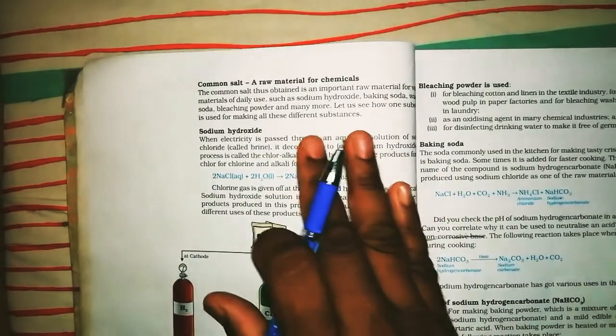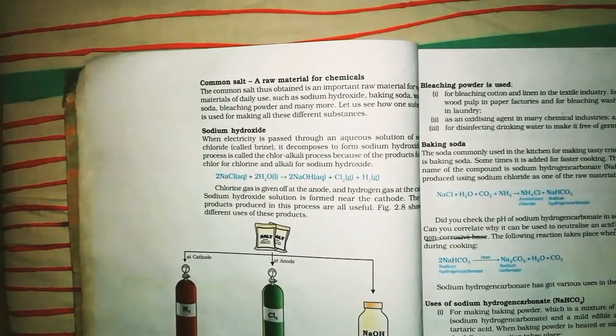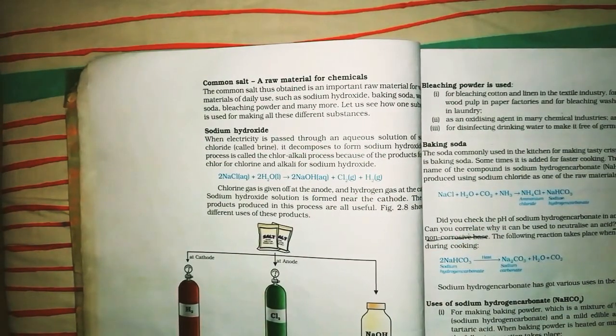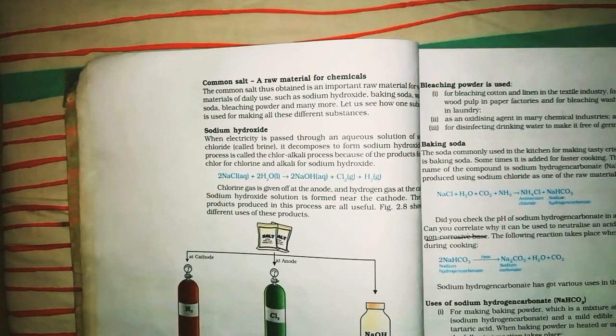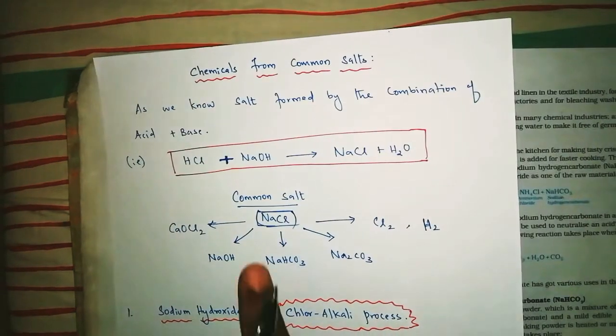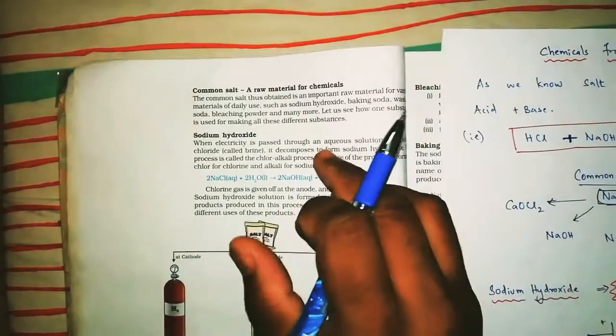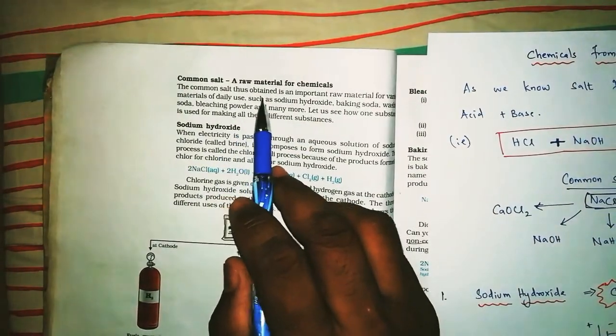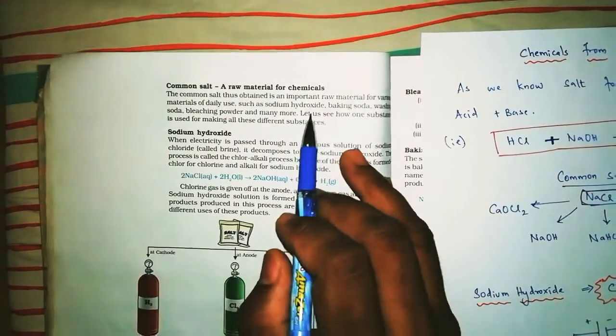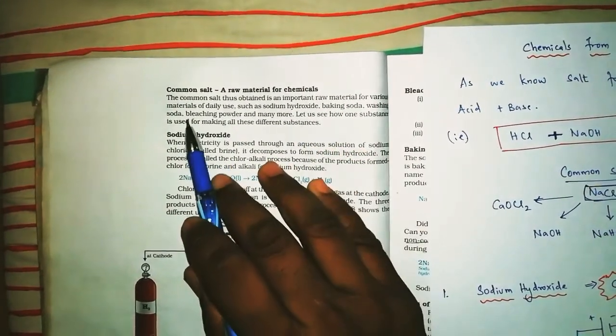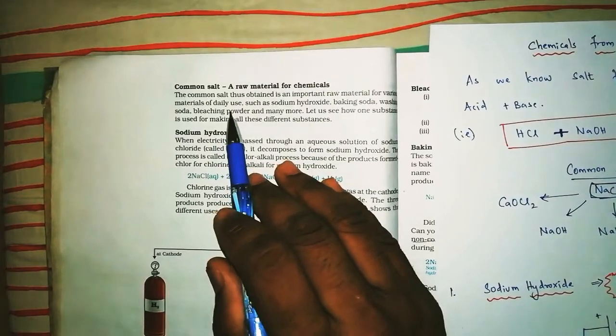Common salt. We are going to talk about common salt, that means sodium chloride. By using common salt itself, we are getting lots of products. You can see here, common salt thus obtained is an important raw material for various materials of daily use.